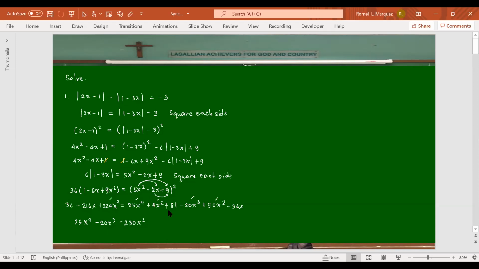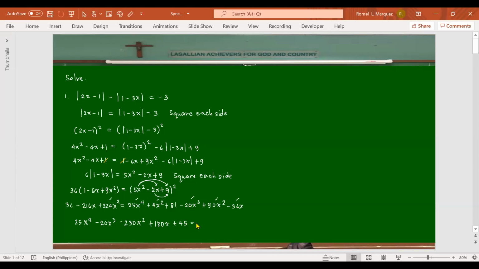So we're done with this. And then negative 36 plus 216, that is positive 180x. Okay? Negative 36 plus 216 is 180, then times x, no? And then the last one, 81 minus 36, and that is positive 45.